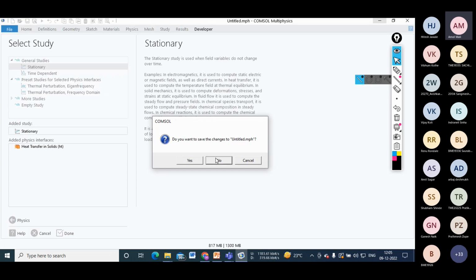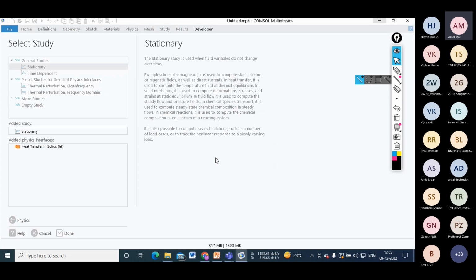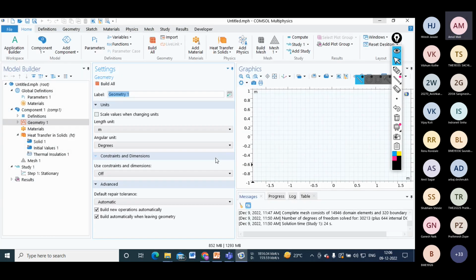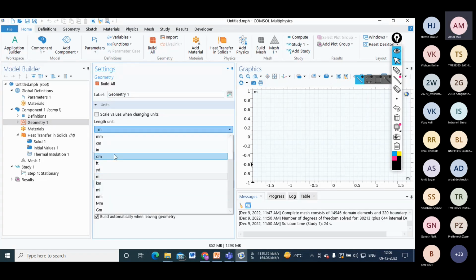Stationary because this problem is not a time dependent problem, the temperature is constant. मतलब एक साइड 60 है, दूसरे साइड जो दिया है वो फॉर एग्जांपल 30 डिग्री दिया है तो 30 डिग्री रहेगा. If you study with respect to time, then that temperature will vary at both sides.